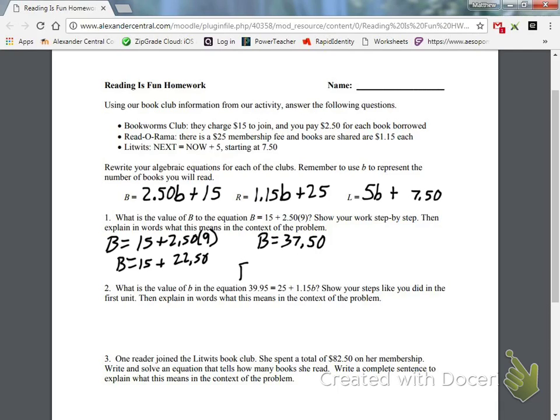So B is the cost of books from the Bookworm Club.